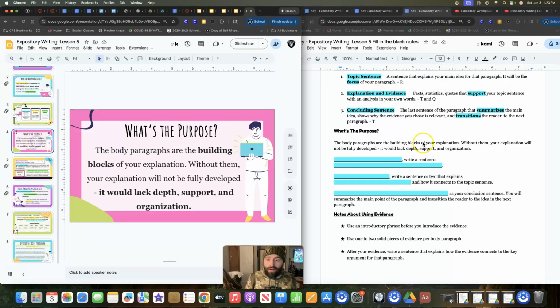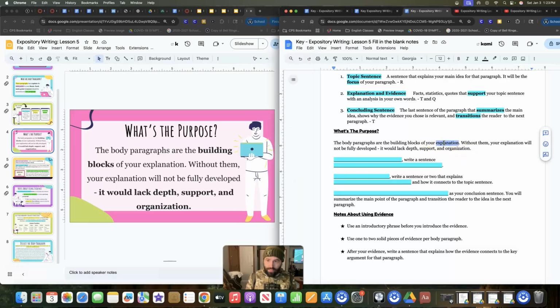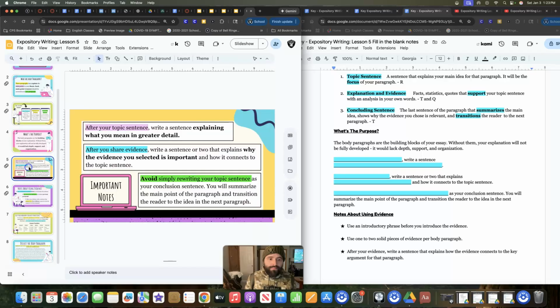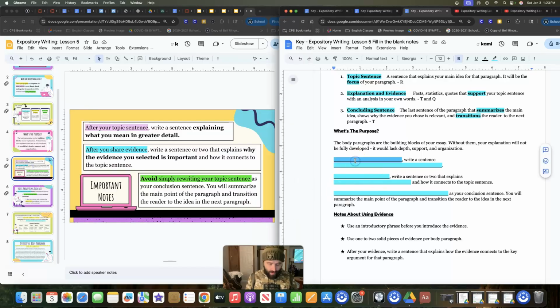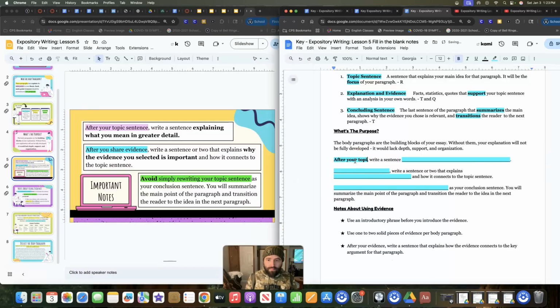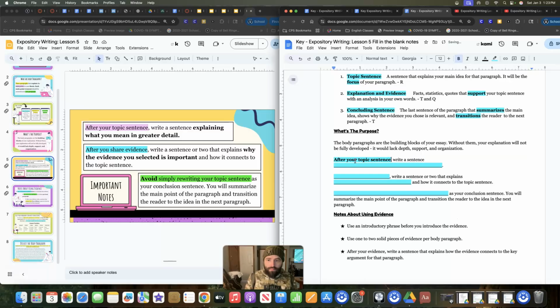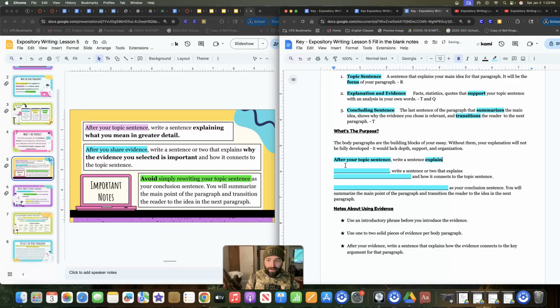So the purpose, body paragraphs are the building blocks of your explanation, of your essay. Without them, your explanation will not be fully developed. It would lack depth, lack support, lack organization. So after your topic sentence, write a sentence explaining what you mean in greater detail.